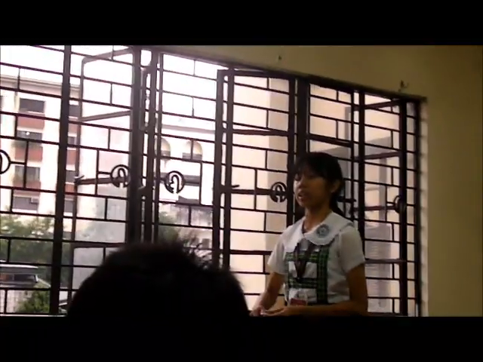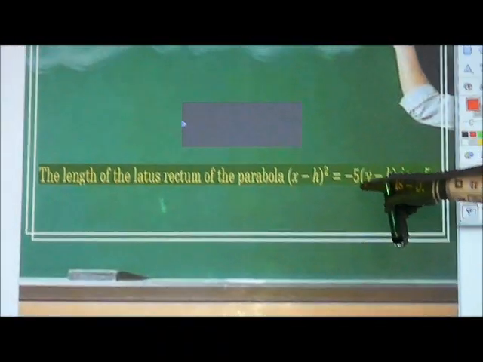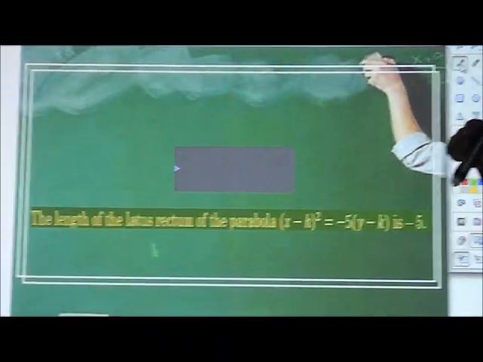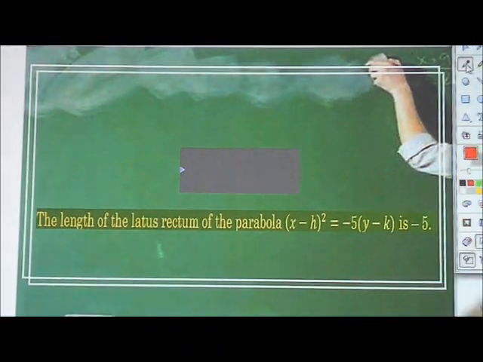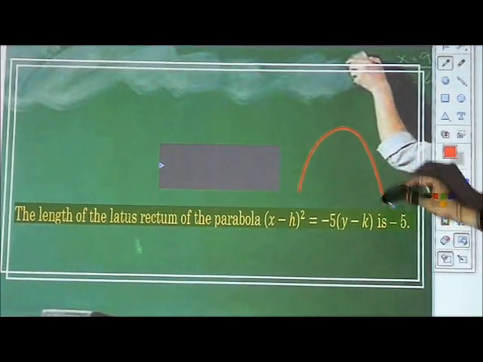The length of the latus rectum of the parabola (x minus h) squared equals negative 5 times (y minus k). Since the right side is negative, the parabola opens downward.